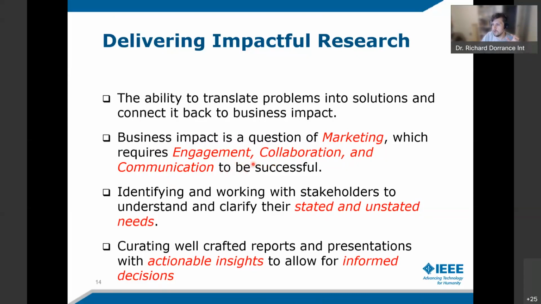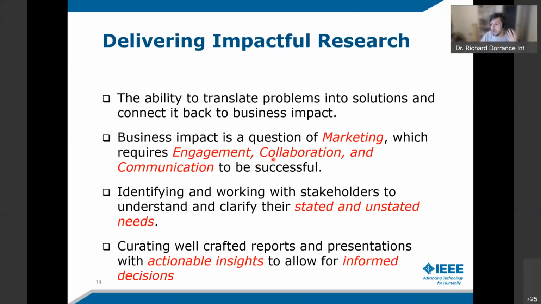You need to be able to engage with customers or stakeholders or whoever is affected by that problem. Be able to collaborate with them, iterate through the problem with them, and figure out what is the best solution.